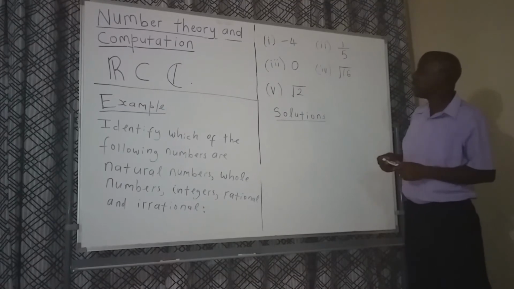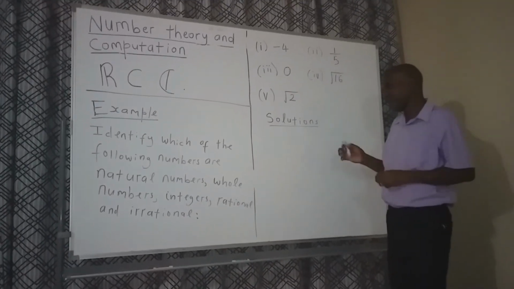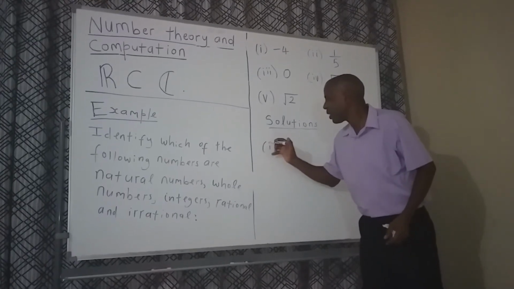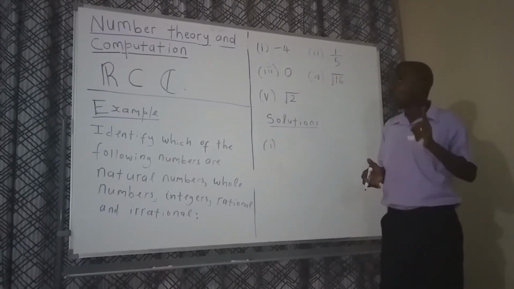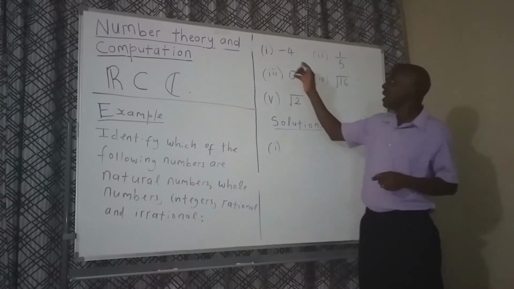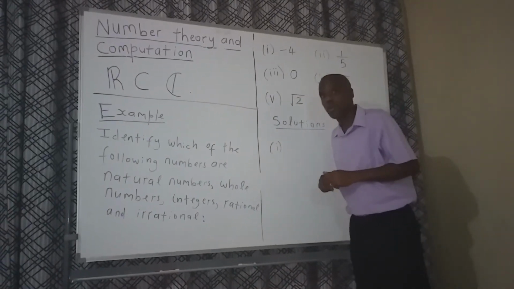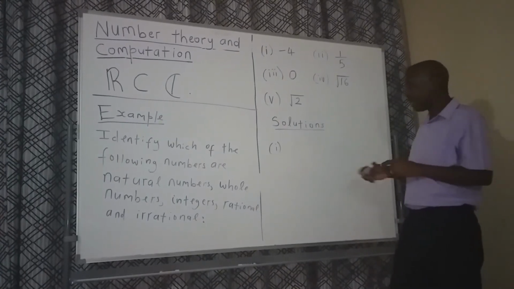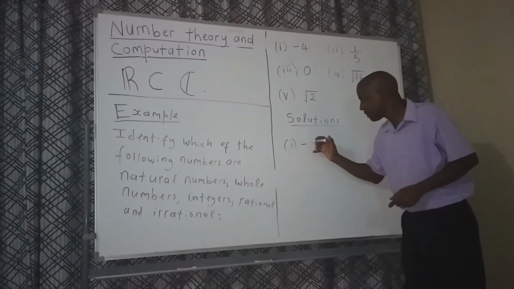Part 1, -4. Well, -4, is it a natural number? No, because natural numbers start from 1, 2, 3, 4, and so on. Is it a whole number? No, whole numbers are 0, 1, 2, 3, and so on. Is it an integer? Yes. So -4 is an integer.